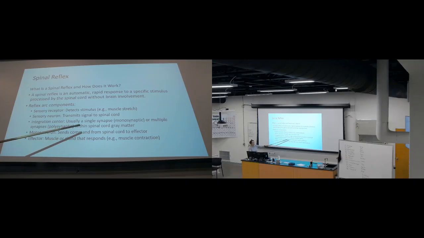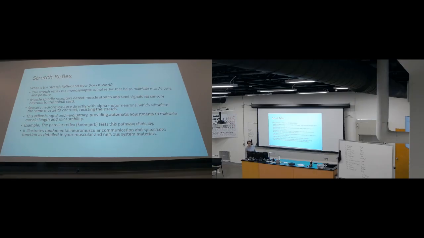That center is specifically located in the gray matter. Then you will have an output from these motor neurons that sends the signal to the effector. It can be a muscle or a gland. And the response will be, in this case after stretch, muscular contraction.